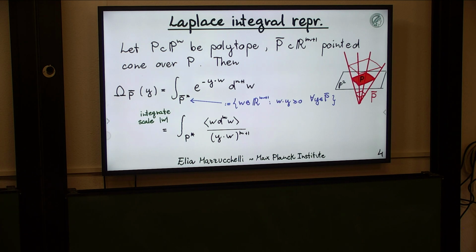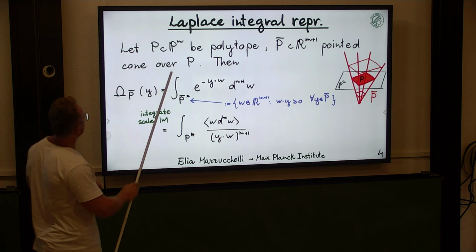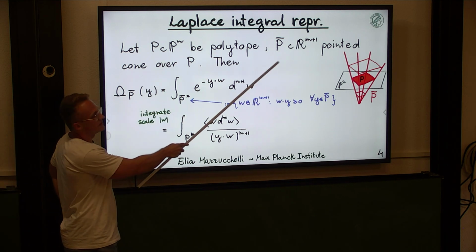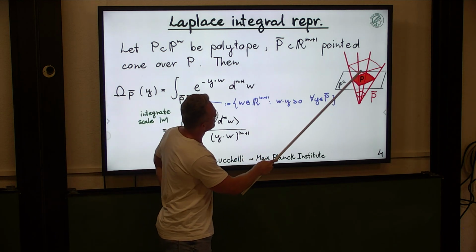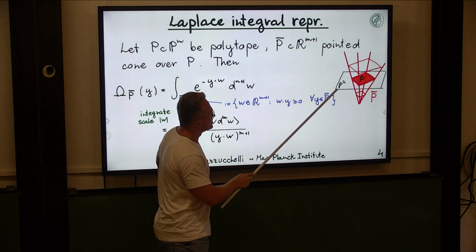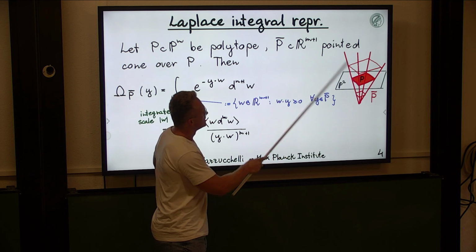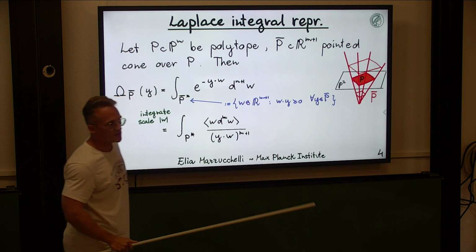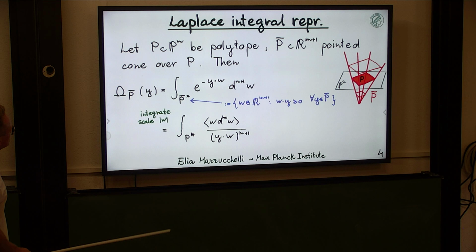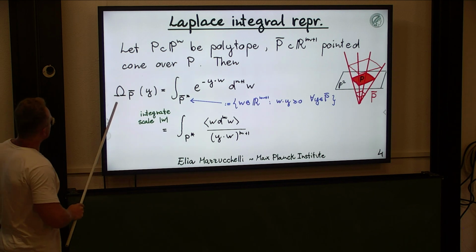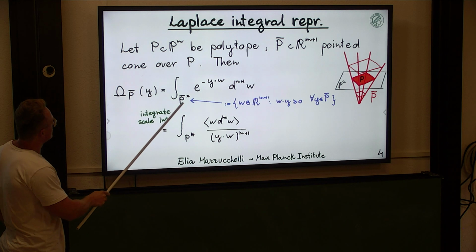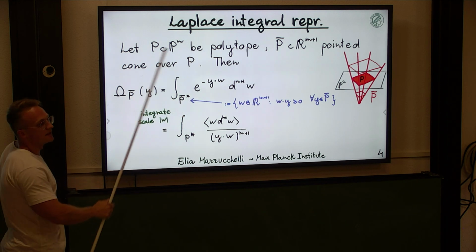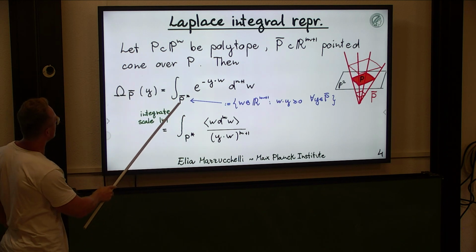So this comes from the fact that if we have a projective polytope, we can take the cone over it, the pointed cone over it. So here is a picture of this. If we have some square in the projective plane, we can take the cone over it. This will be a three-dimensional polyhedral cone. And we can take the canonical function of this cone and write it as a Laplace transform on the dual cone.